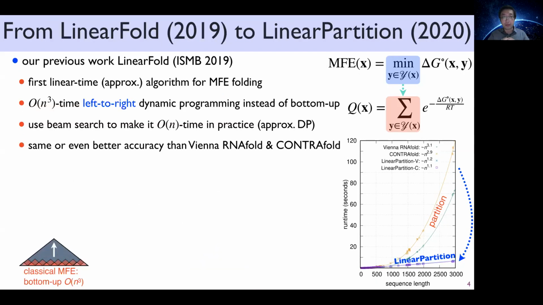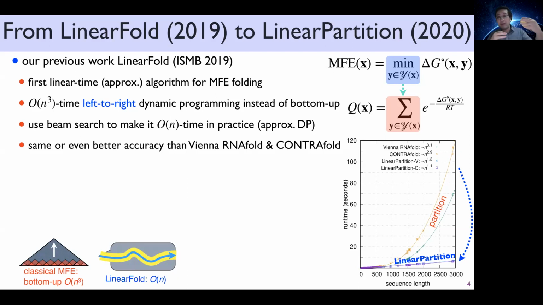For those of you who know our previous work, LinearFold, which we presented here last year at ISMB 2019, it is the first linear time algorithm to approximate MFE RNA folding. It is still O(n^3) time in the worst case, but it's a left-to-right dynamic programming instead of bottom-up.